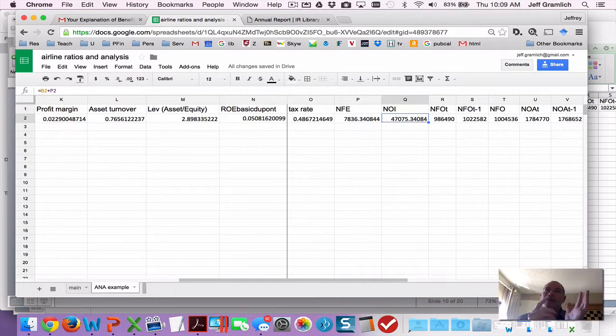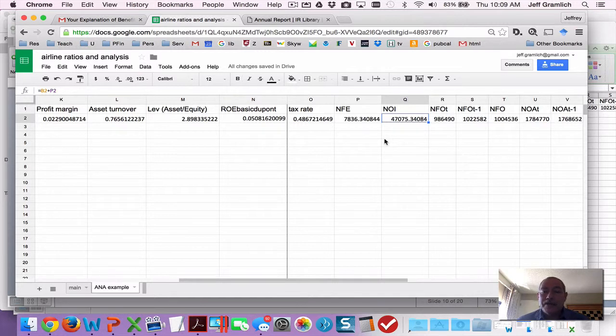So this is the income that can be used to satisfy common stockholders. It can be used to satisfy the creditors, which is the interest, so we're adding back that, as well as the minority stockholders. So that's P2. We're going to add B2, which is net income, and the net financing expense there. And that gets us the net operating income.